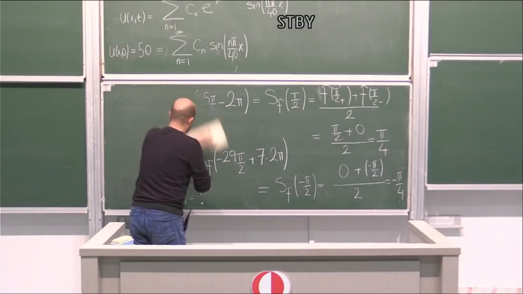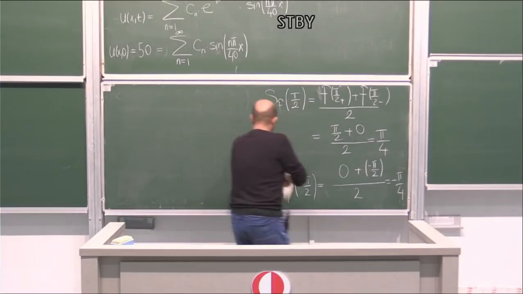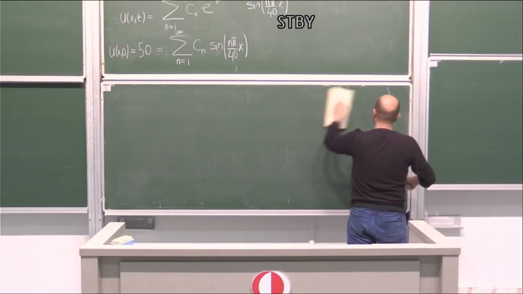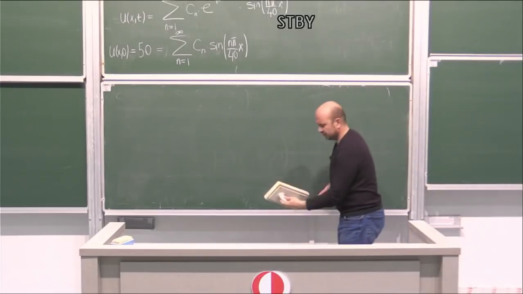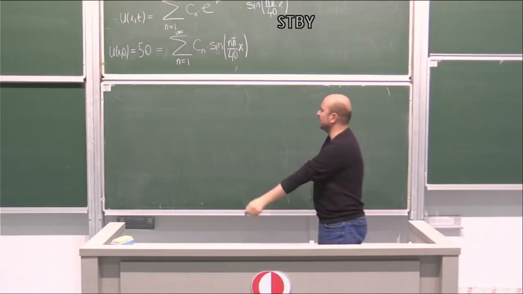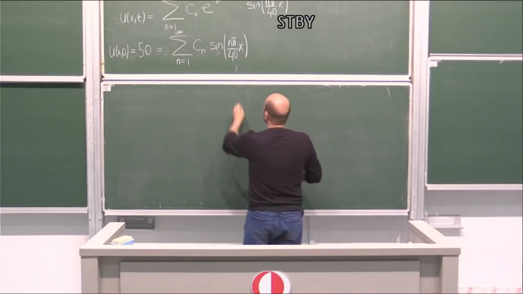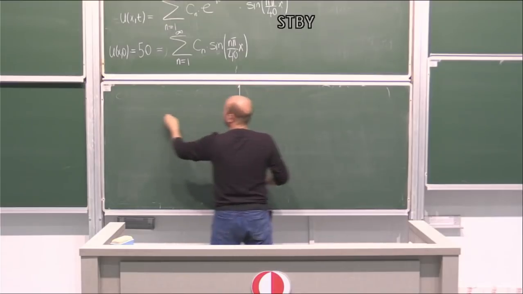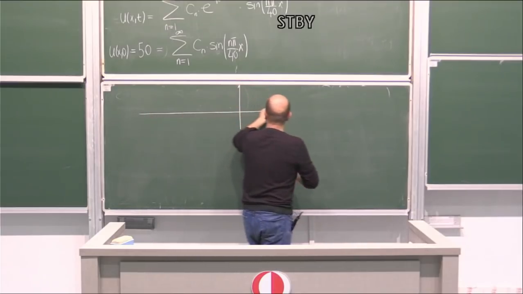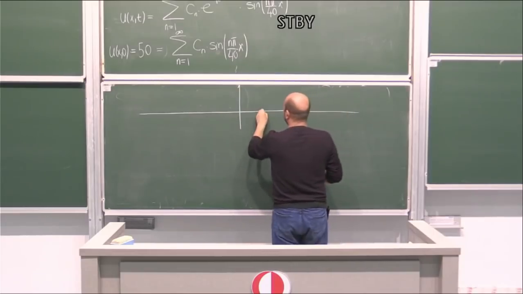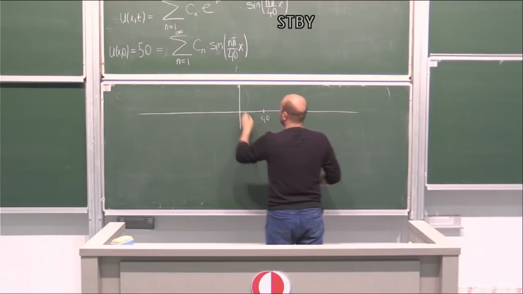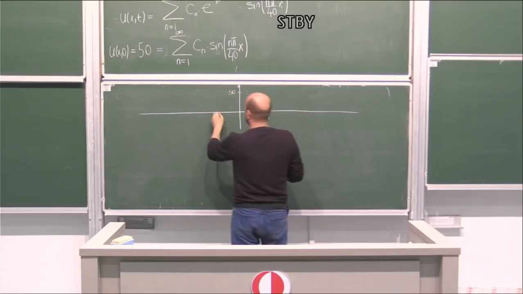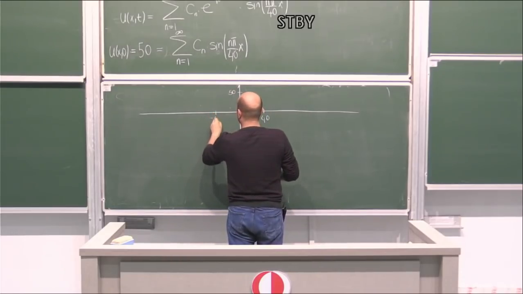But anyhow, let's show the steps again. I have to do another extension for this constant function 50, and first of all I need to extend it. So this is 40 and this is 50. Now this is minus 40.